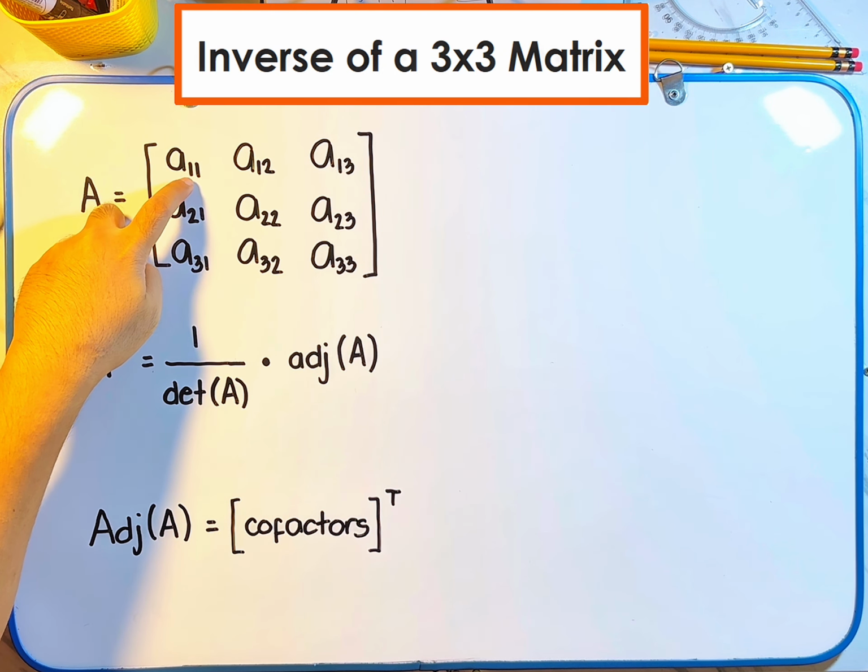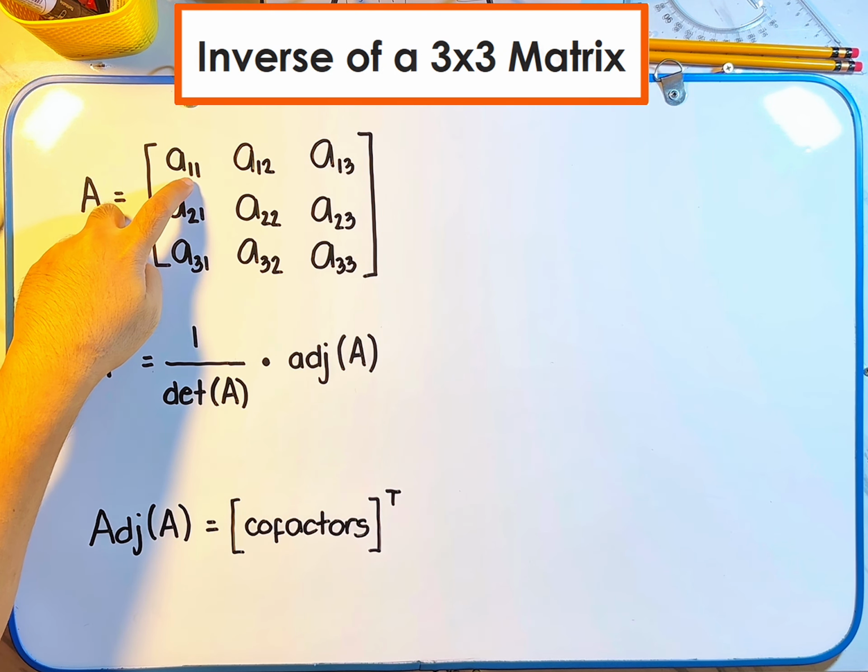Next, the minor of the element in the first row, second column, is the determinant of the remaining 4 elements. So these are the 4 remaining elements. 2 times 1 is 2. 0 times negative 2 is 0. So 2 minus 0 is still 2. Next, the minor of the element in the second row, second column, we have 3, 2, 0, 1.